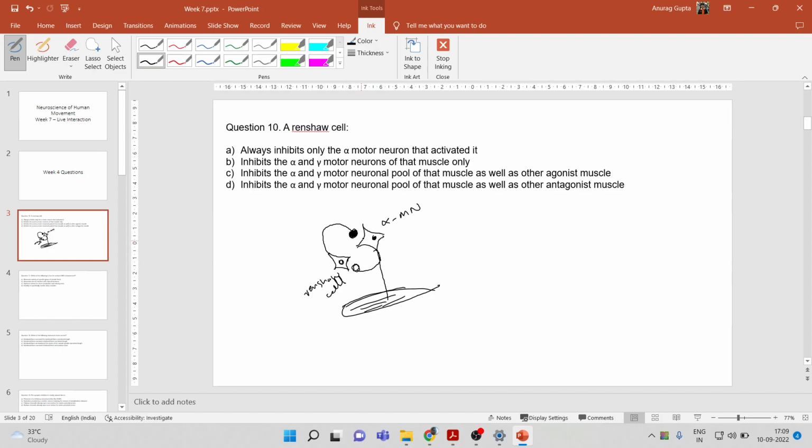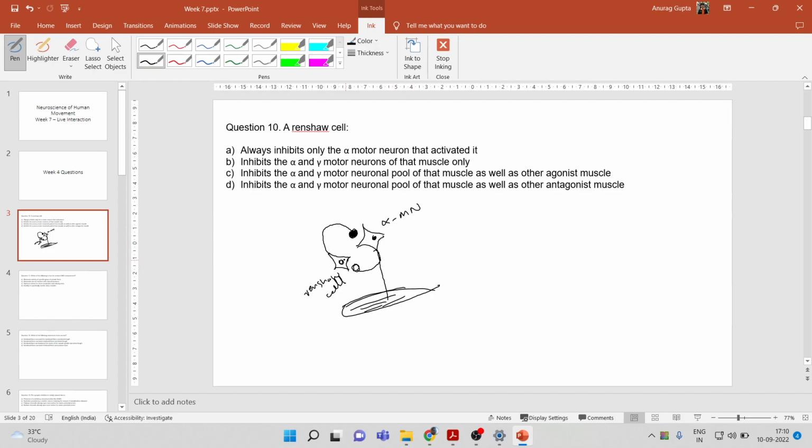So this is a form of negative feedback. This kind of feedback is called recurrent inhibition. So this is a form of control mechanism.